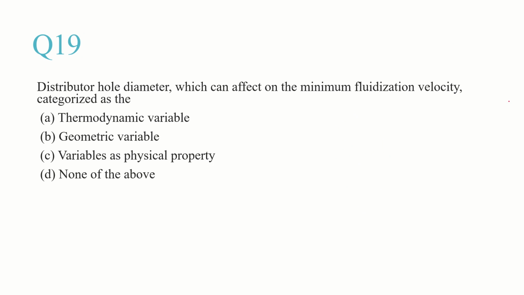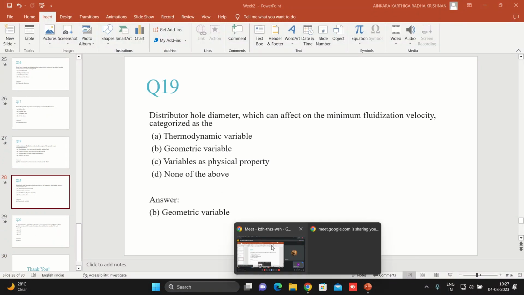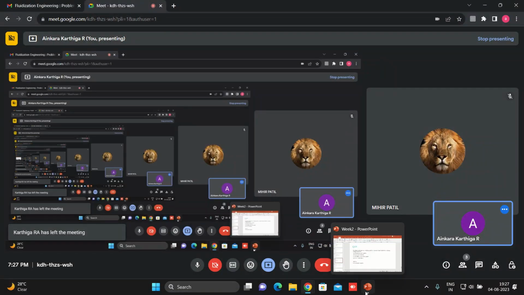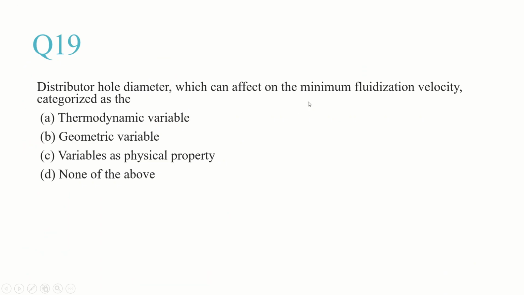Distributor hole diameter which can affect the minimum fluidization velocity is categorized as thermodynamic variable, geometric variable, or variable as physical property.